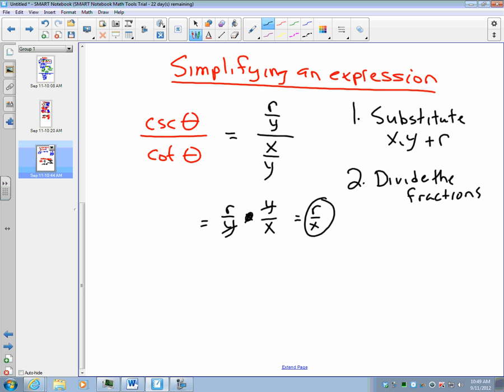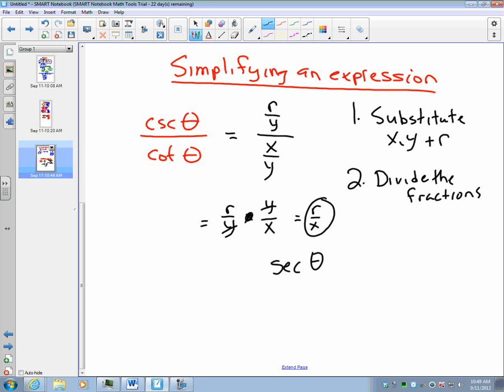And which one is r over x? Secant theta, right? So that's the right idea, though. That one's just putting it in, changing r and x, flipping around.